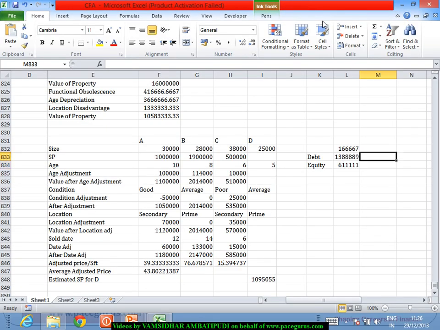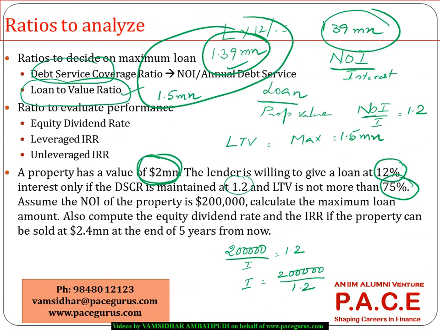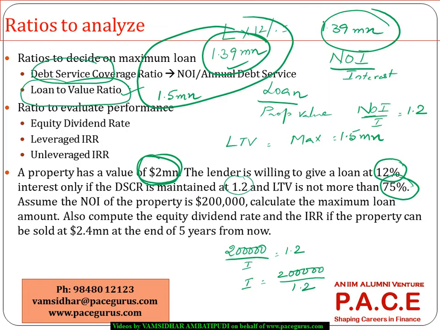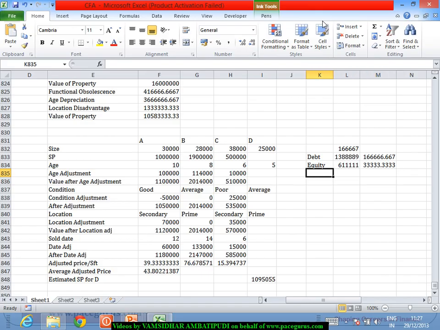Out of the 200,000 generated as NOI, 166,000 goes for debt servicing. So typically 33,000 is what is left for the equity investor. So, equity dividend rate.